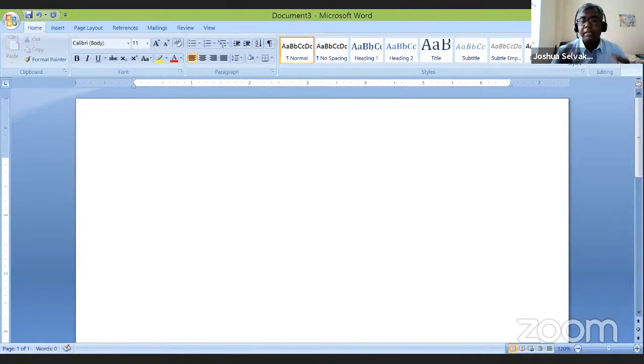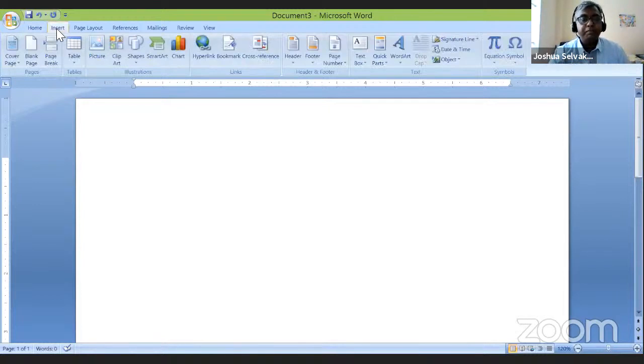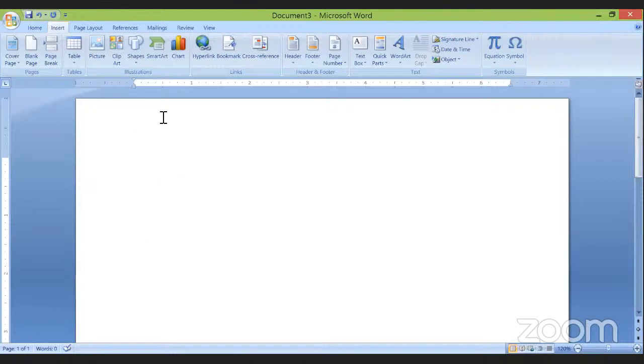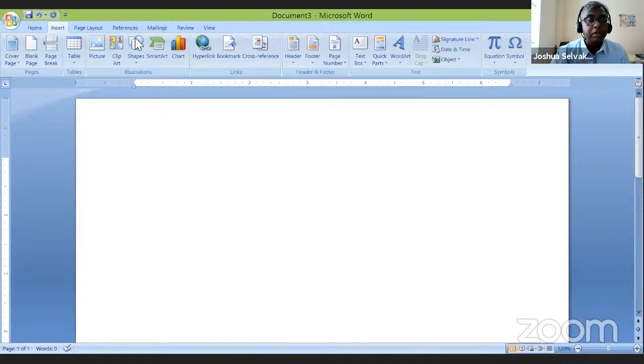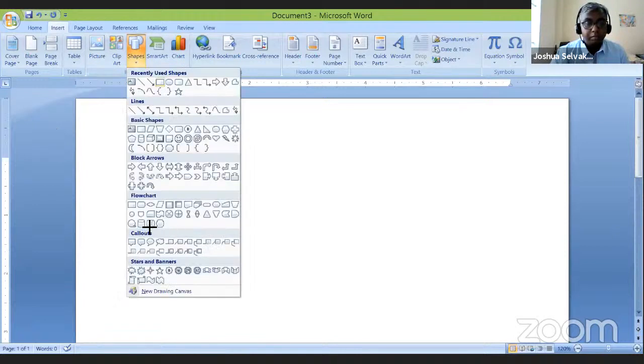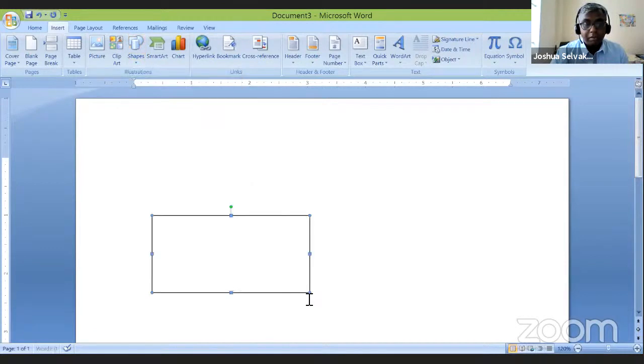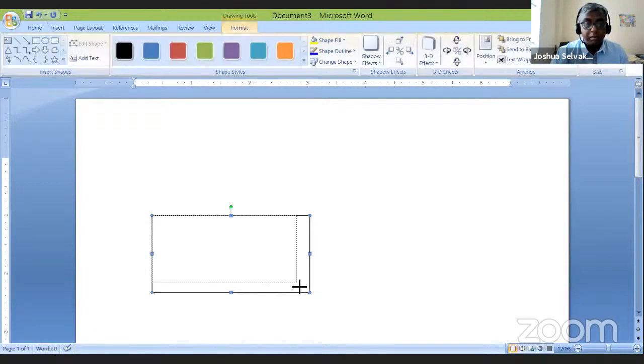Anybody knows what is a construct? A construct is usually a concept. It's a latent variable, a variable which you cannot explain directly. For example, let me draw a box here. Can you see the word sheet? MS Word file? Yes, sir. Okay.